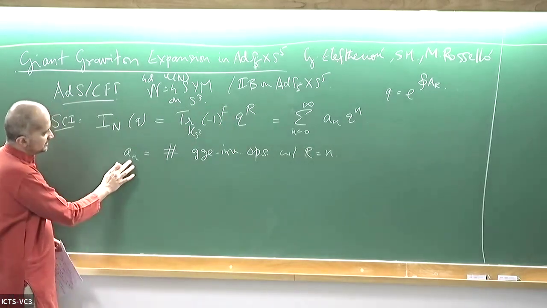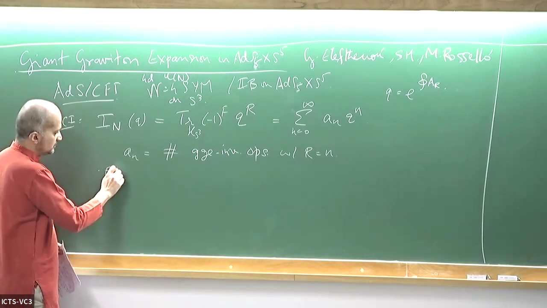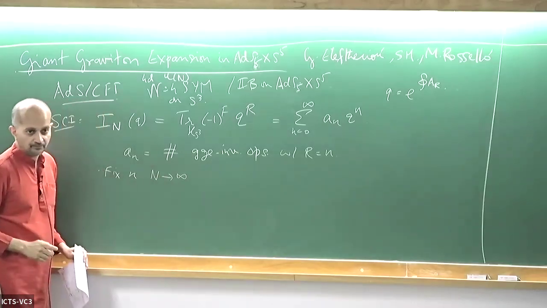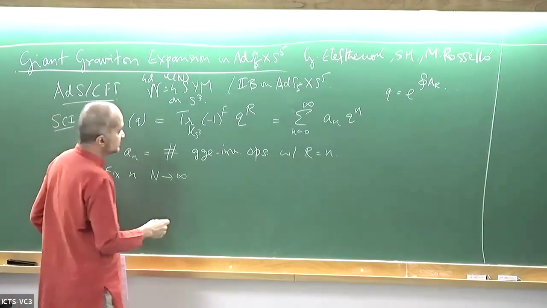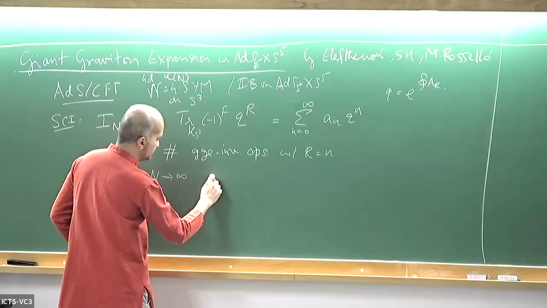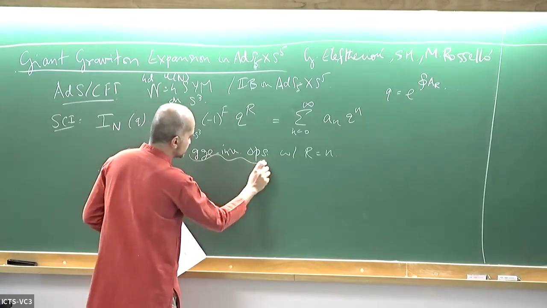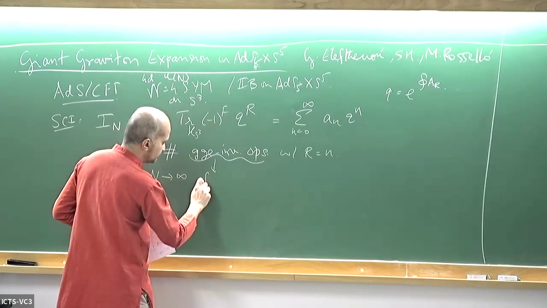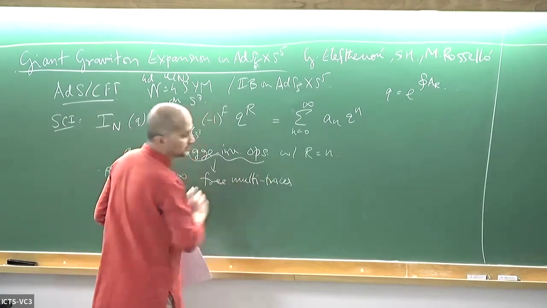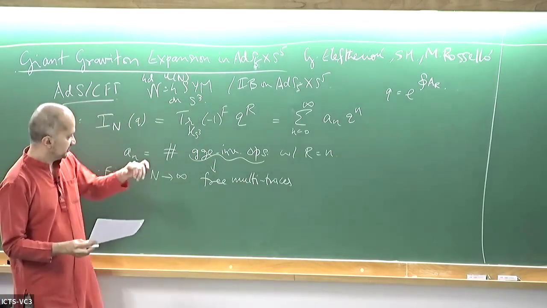Now let's think about the behavior of these coefficients. Firstly, you can do the following: fix the charge and scale the rank to infinity. In this case, A_n gets contributions from the gauge invariant operators, which are free multi-traces. Because the rank is infinite, there are no trace relations at a fixed charge.